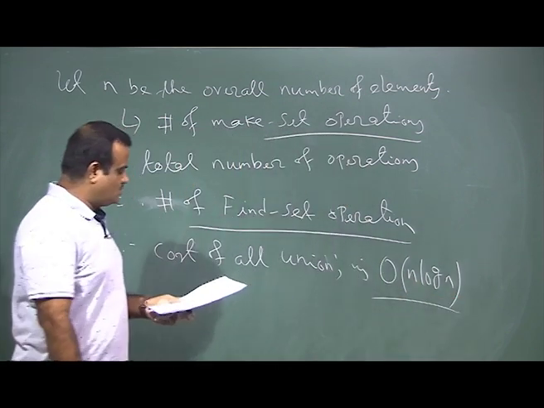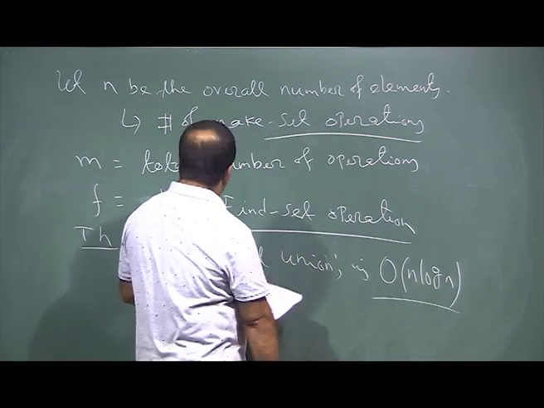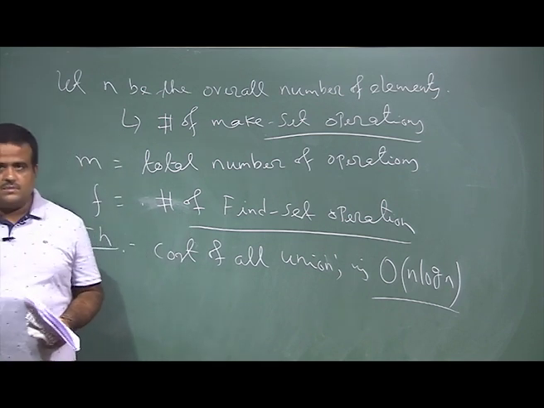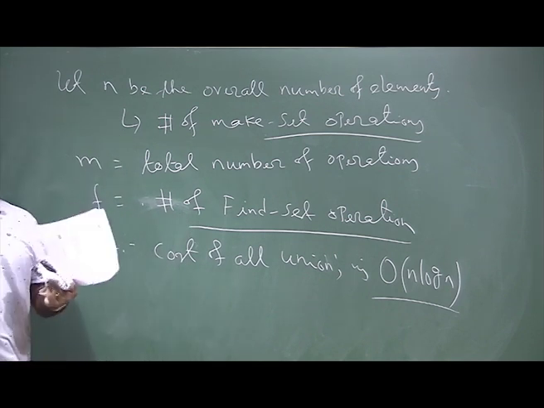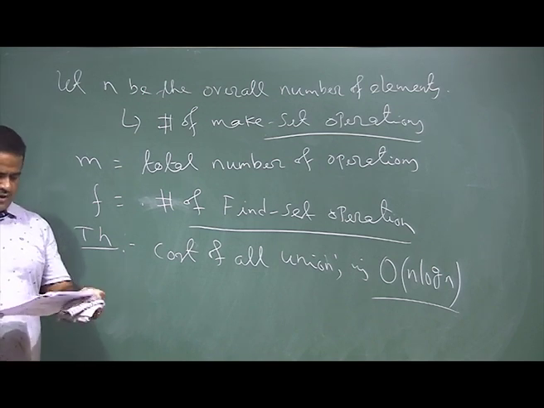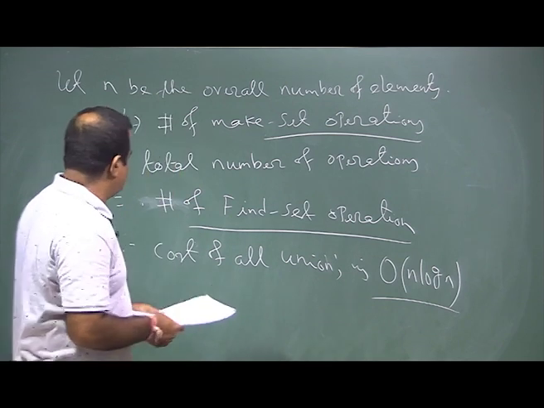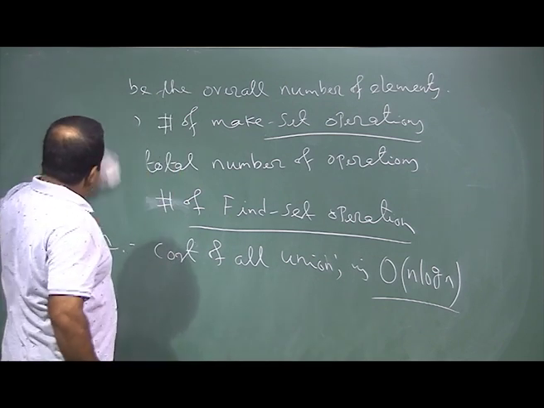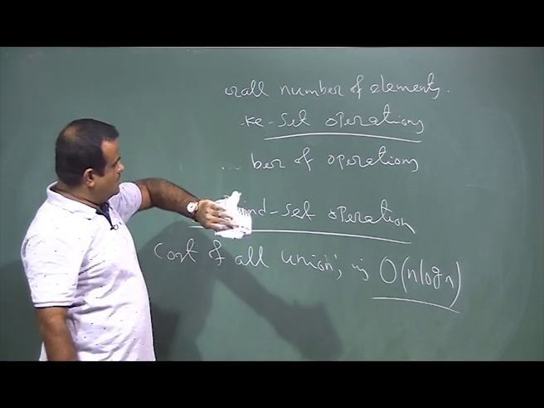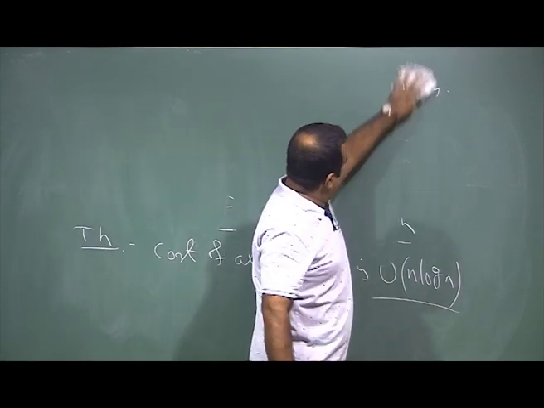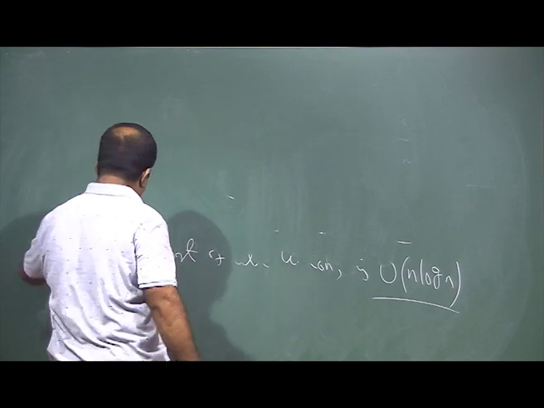So, if the cost is order of n log n in an amortized sense, then the average cost is log n. So, let us prove this theorem.